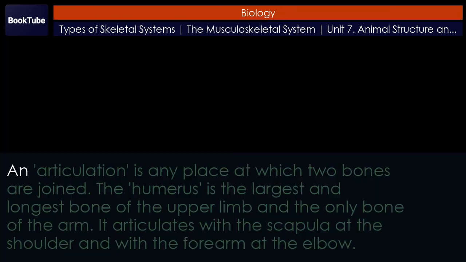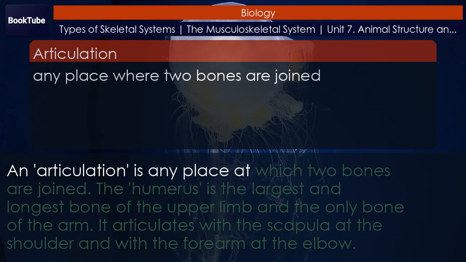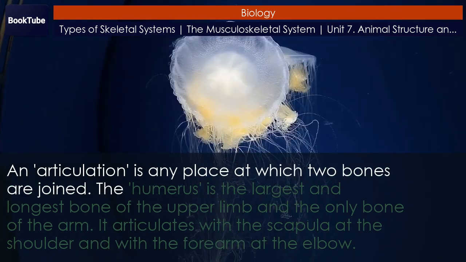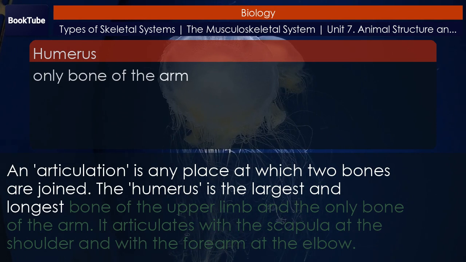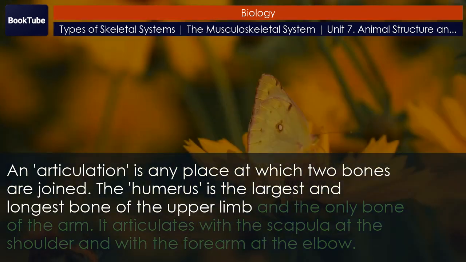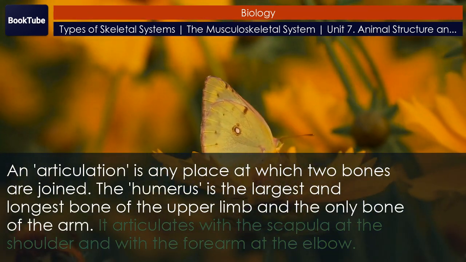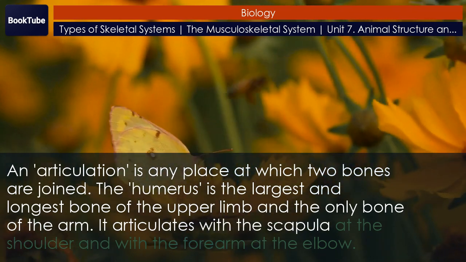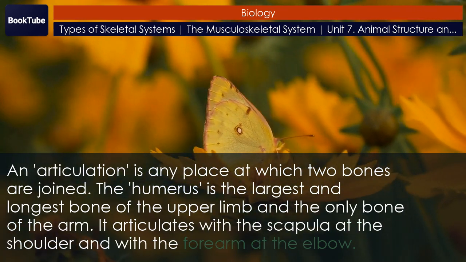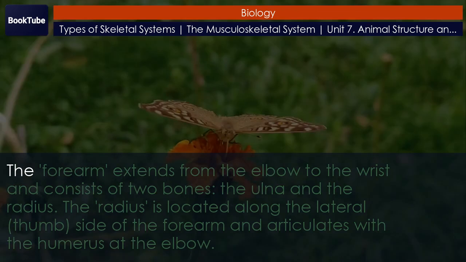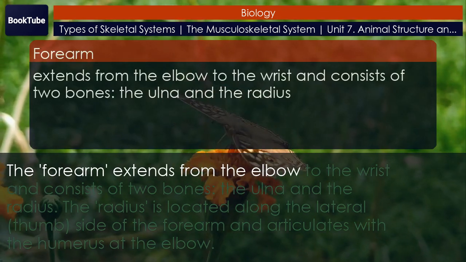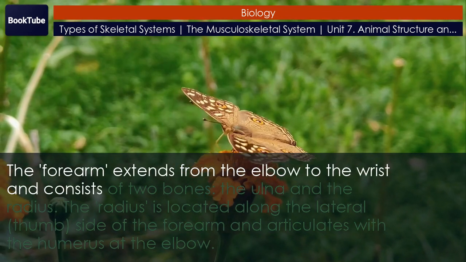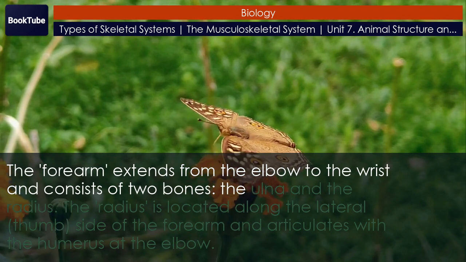Figure 11. An articulation is any place at which 2 bones are joined. The humerus is the largest and longest bone of the upper limb and the only bone of the arm. It articulates with the scapula at the shoulder and with the forearm at the elbow. The forearm extends from the elbow to the wrist and consists of 2 bones, the ulna and the radius.